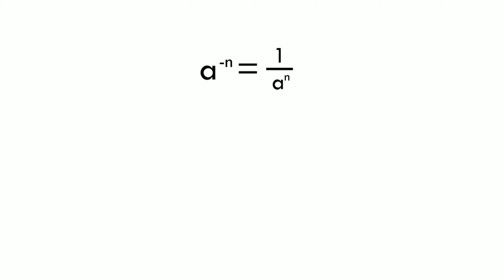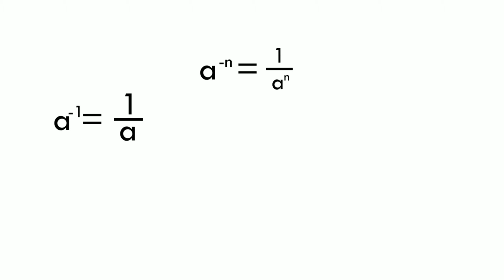This law states that a number or a variable whose exponent is negative is just equal to 1 divided by the number or the variable raised to a positive exponent. Take note of the word divided. So if I have a number raised to the power of negative 1, then that's just 1 divided by a.